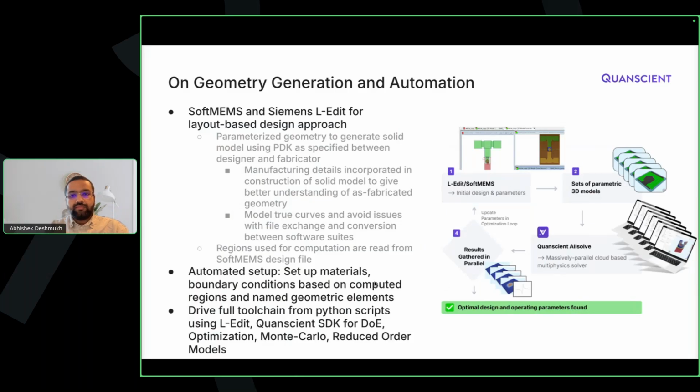And it avoids some of the issues like true curves, which in for example GDS cannot be preserved, but we avoid such issues by directly importing these geometries from SoftMEMS. And we have also implemented automated setup, which speeds up the setup of the simulation based on the definitions in your SoftMEMS design.